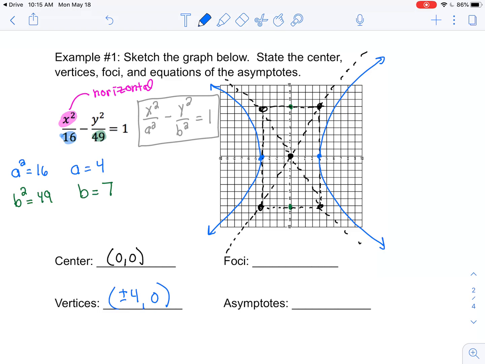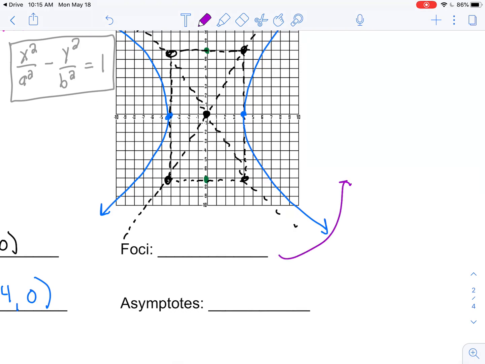My foci, we need to figure out the foci. The foci is going to lie inside the curves. So to find the foci, I'm going to use c squared is equal to a squared plus b squared. Well, I know a squared is equal to 16, and I know b squared is equal to 49. And so c squared is going to be equal to 65.